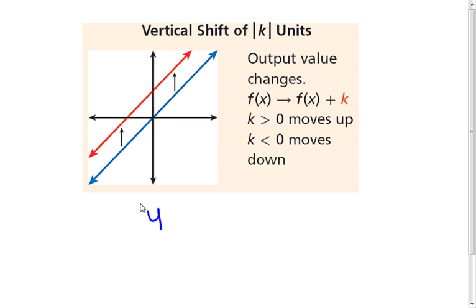So for instance, if y equals x is the line in blue, then maybe it's y equals x plus 3. We're going up 3 units. So we're changing that y direction by 3 units. It just moves the whole thing up 3.